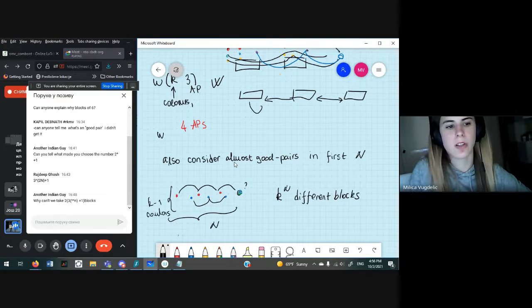And what would finish the problem if we had 3 blocks identical, which form an arithmetic progression? Yeah.